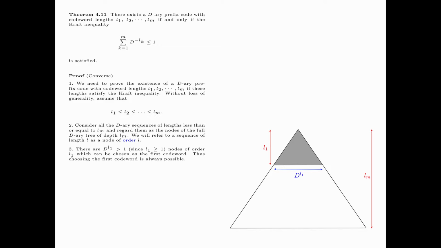Thus, choosing the first codeword is always possible. Assume that the first i codewords have been chosen successfully, where i is between 1 and m minus 1. And we want to choose a node of order l_{i+1} as the (i+1)th codeword, such that it is not prefixed by any of the previously chosen codewords.